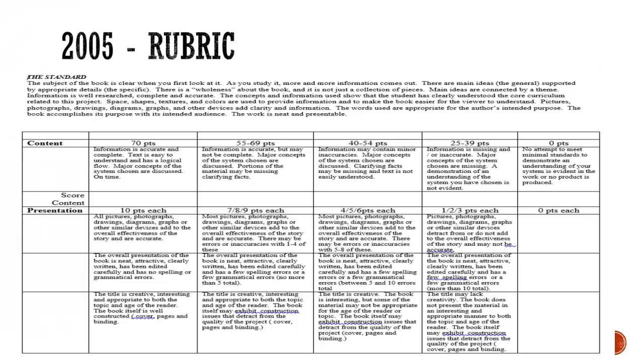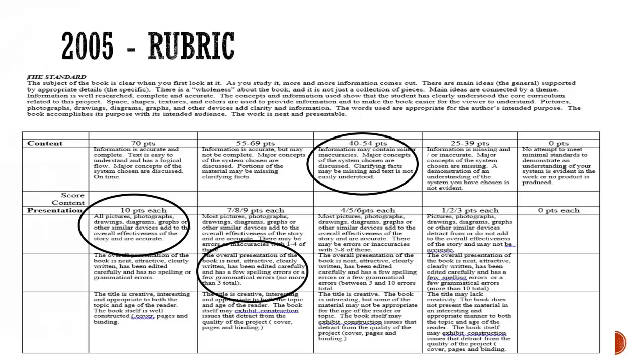So as I used it as a grading tool, a student may have scored 40 to 54 points, but look at the level of performance. Information contained inaccuracies. Classifying of facts may be missing and the text is not easily understood. Well, that's not really what I wanted from students, but if they played the math, they could get a 54 here, as long as they got 10 points for all the pictures and photographs and drawings, and they got 7, 8, or 9 points for the overall presentation being neat, attractive, and clearly written.